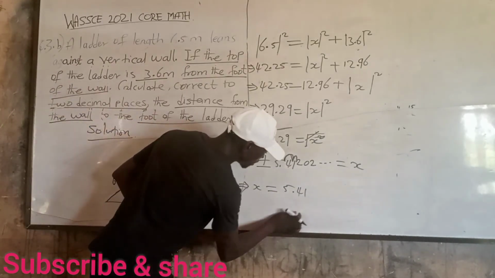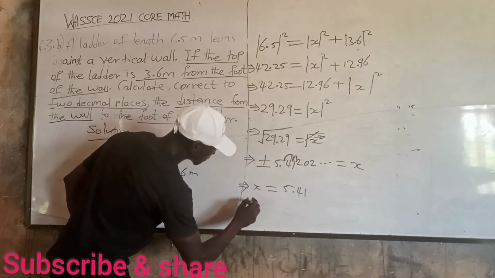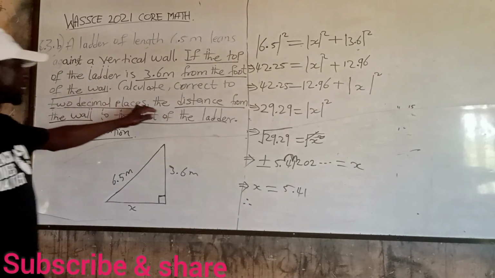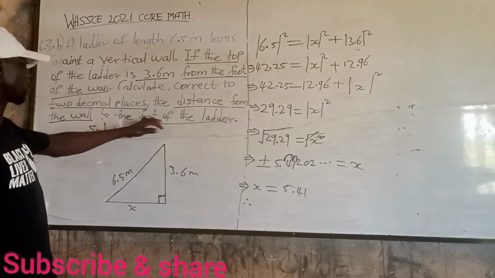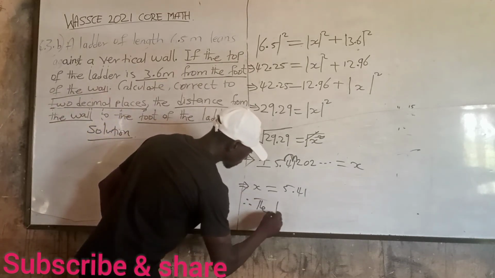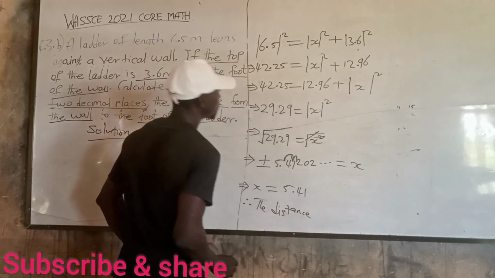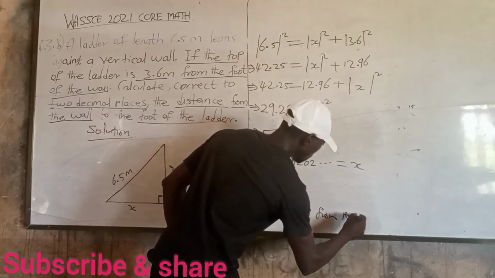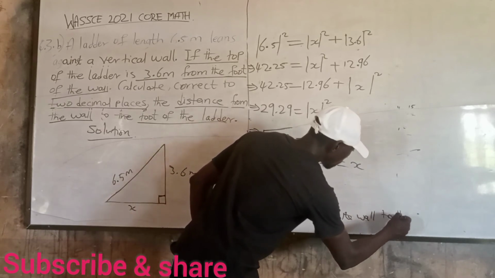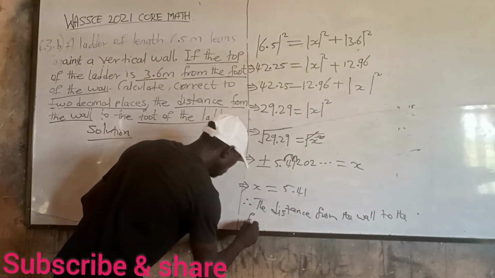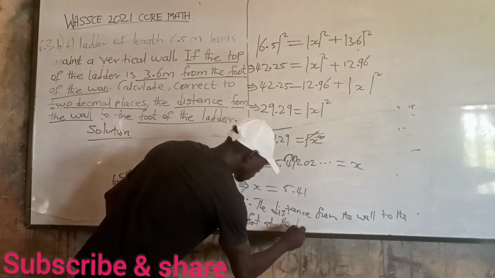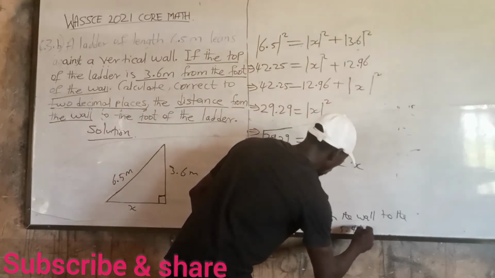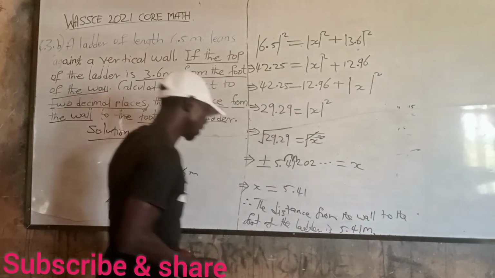So we come down and we say, therefore, the distance from the wall to the foot of the ladder is 5.41 meters, and that is that.